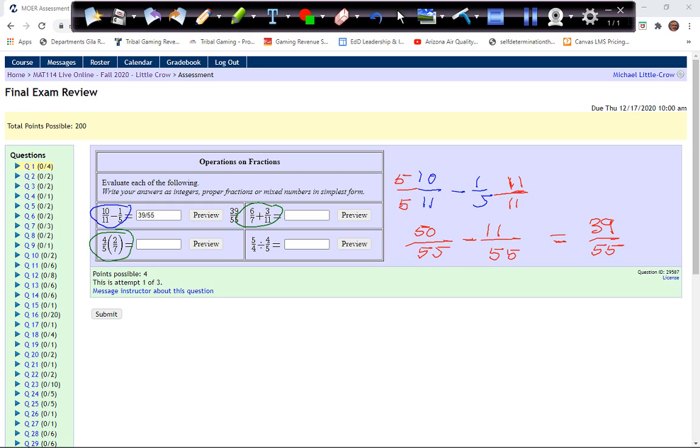This one here, we're going to multiply the two fractions, and the way we multiply fractions is straight across. So we take 4 times 2 in the numerator and 5 times 7 in the denominator.